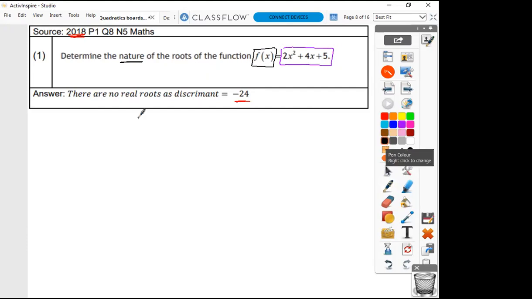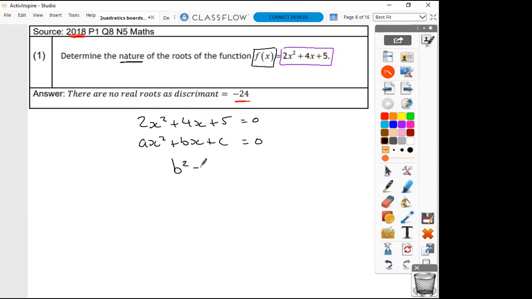So if I rewrite that, 2x squared plus 4x plus 5, just as a wee reminder, ax squared plus bx plus c, equate that to 0. Discriminant is b squared minus 4ac. b is 4, squared, minus 4 times 2 times 5. So 16 minus 40 is equal to minus 24.